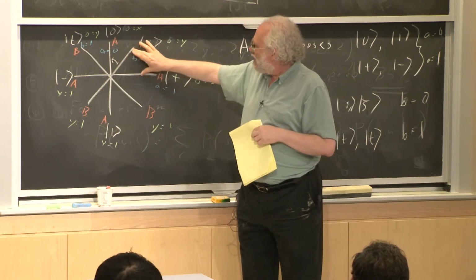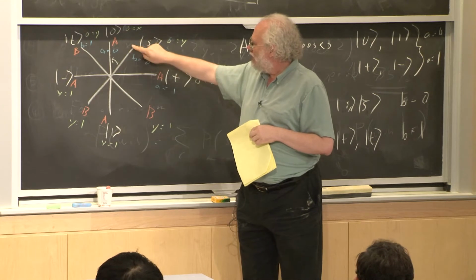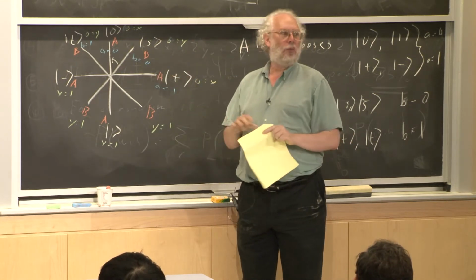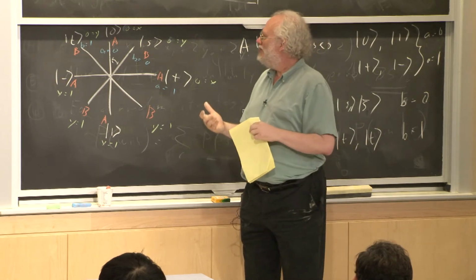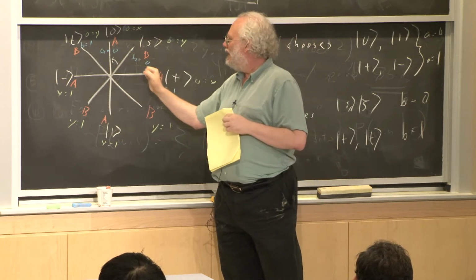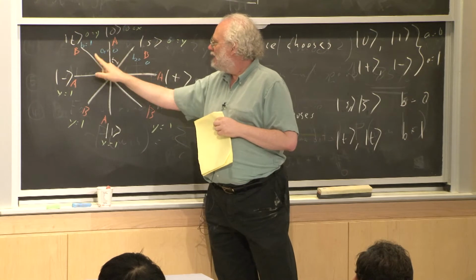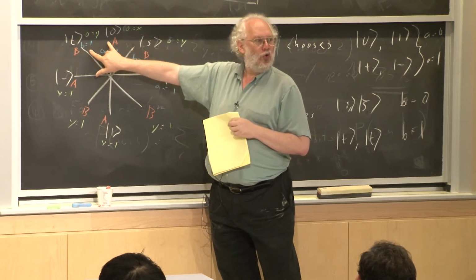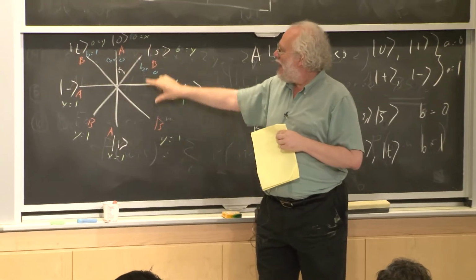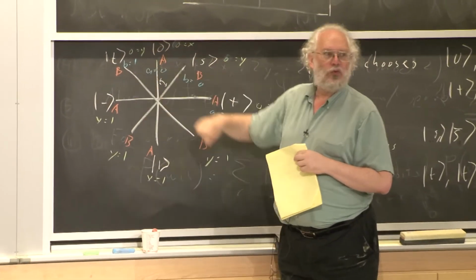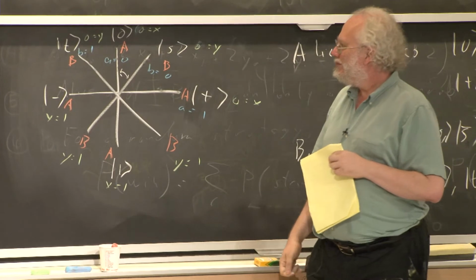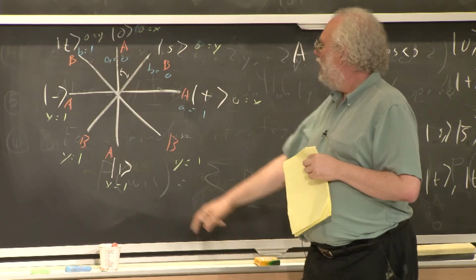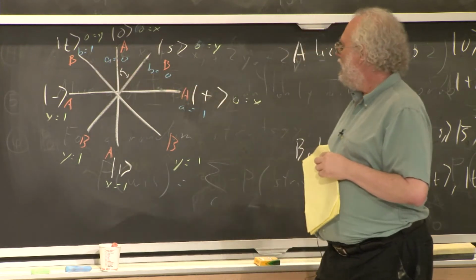But if they use these 2 points on the Bloch sphere, which also differ by pi over 4, they also win with that probability, because the only thing that matters when telling whether 2 axes on the Bloch sphere agree is the angle between the points. And ditto for B equals 1 and A equals 1. Well, how about B equals 1 and A equals 0?